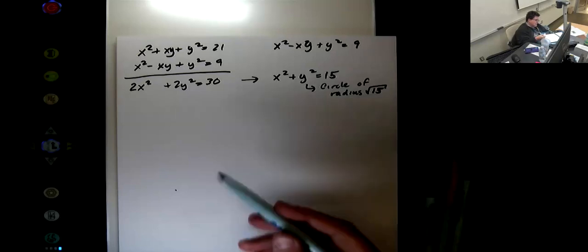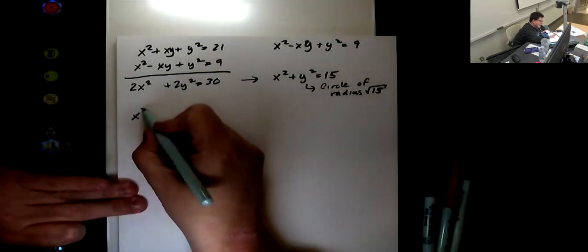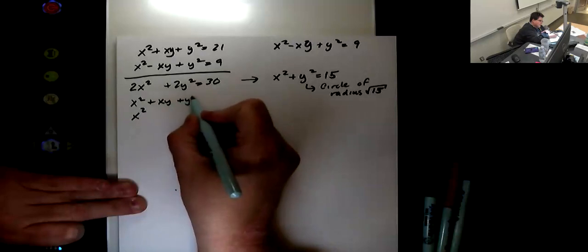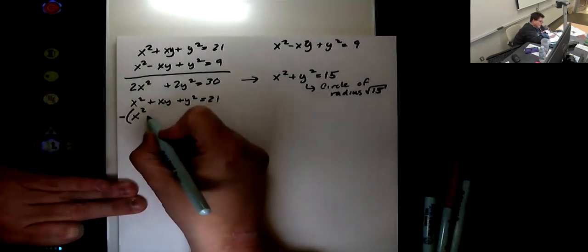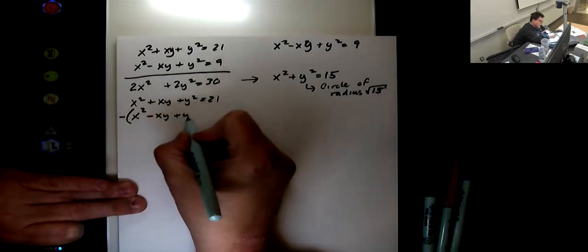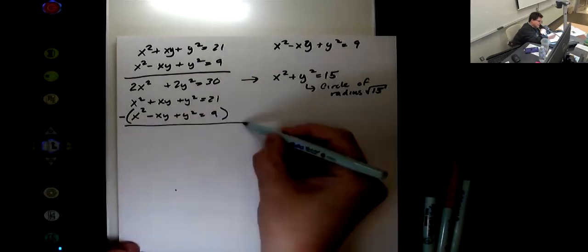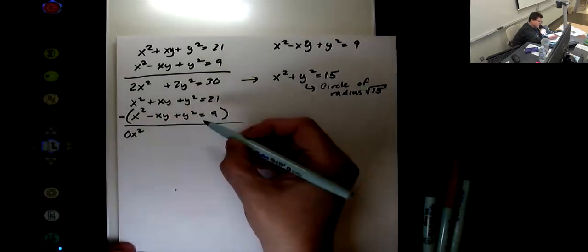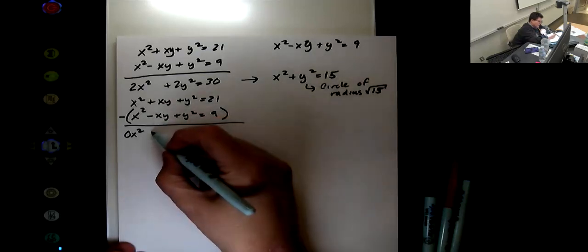The other thing I could do is I could subtract. I could say x squared plus xy plus y squared equals 21, and then subtract x squared minus xy plus y squared equals 9. If I subtract, x squared minus x squared is 0x squared. xy minus negative xy is plus xy.